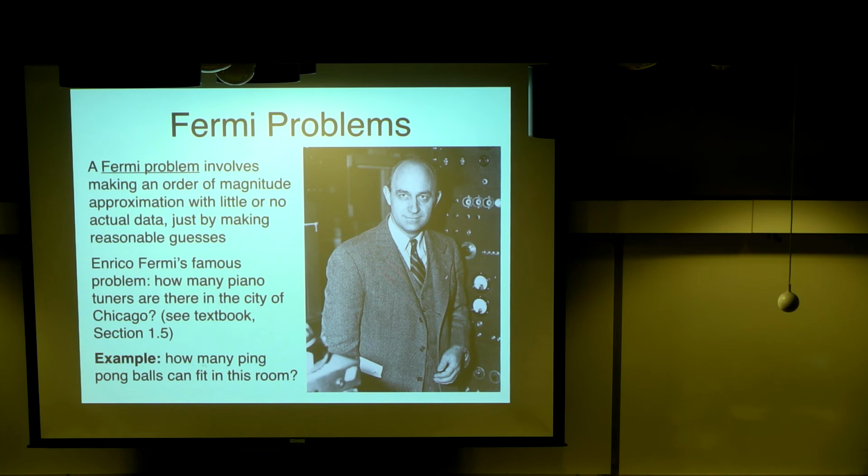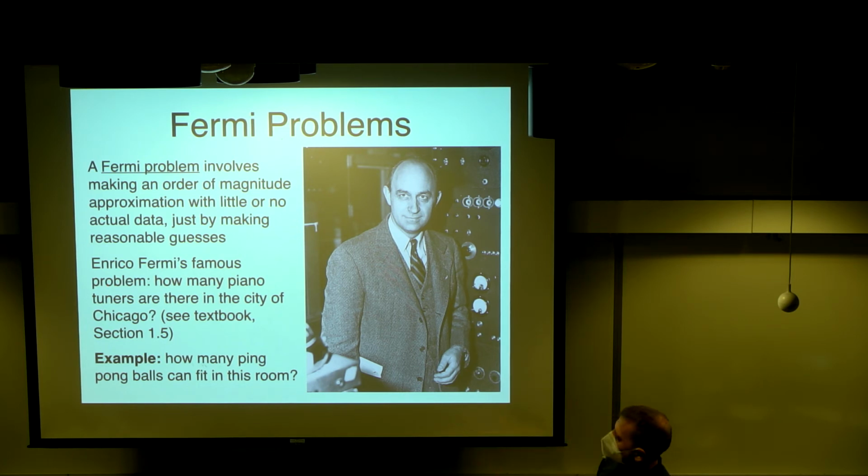Okay, so related to this idea of order of magnitude is something called a Fermi problem. So Fermi problems are named after this guy. He's an Italian physicist named Enrico Fermi. And he's basically famous for a lot of things, but one of them is coming up with these fun little puzzles, which basically involve making an order of magnitude approximation of something without having a lot of data to go off of, just sort of making guesses at what the number could be.